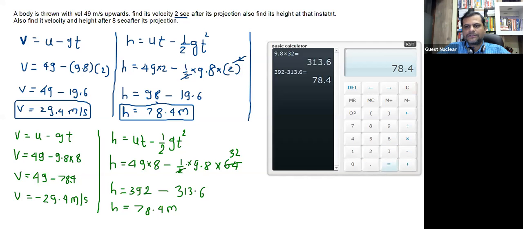That's it. So it's going to be 78.4. करेक्ट है ना? ठीक है.